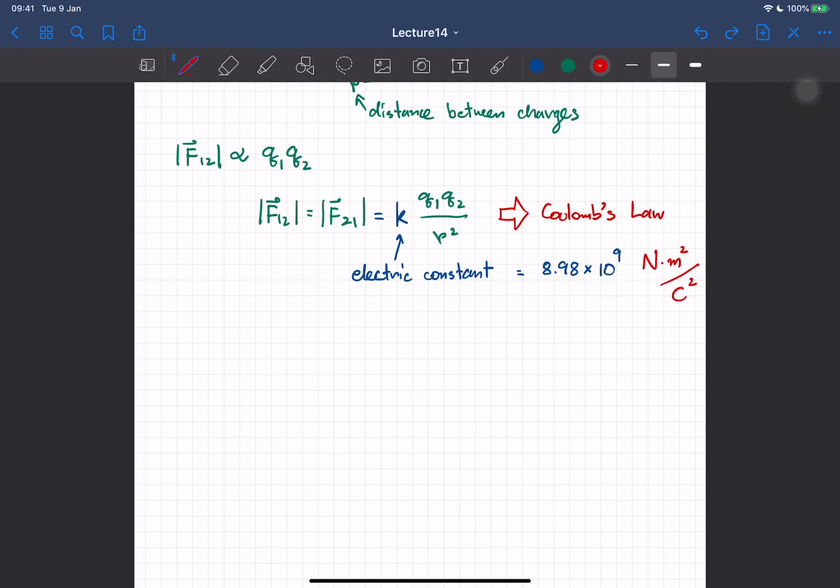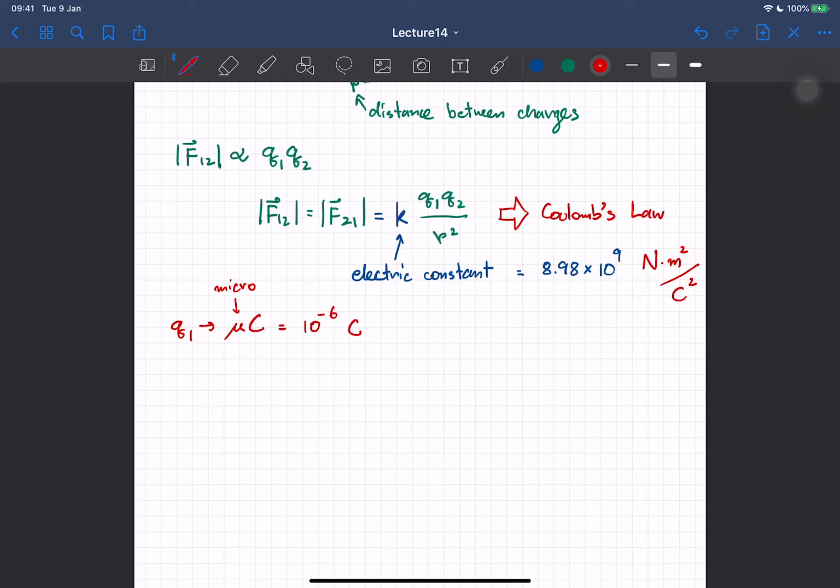And now there are some details that are good to know. First of all, usually the unit of charge is not going to be Coulomb, because 1 Coulomb is actually a lot of charge. Usually we don't have that much charge. Usually Q is expressed in microcoulomb, which is equal to 10 to the minus 6 Coulomb.